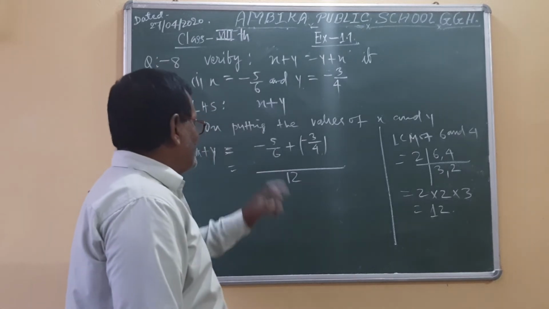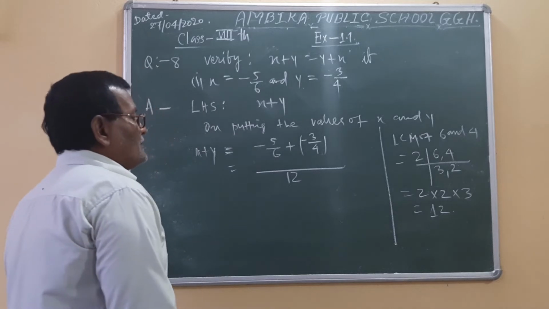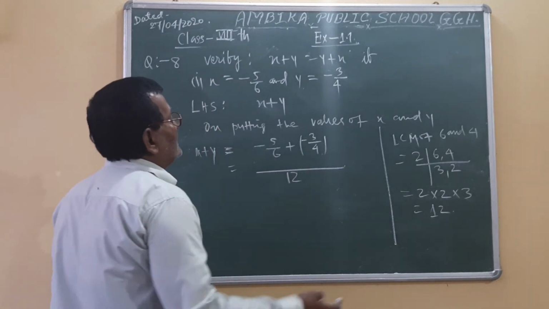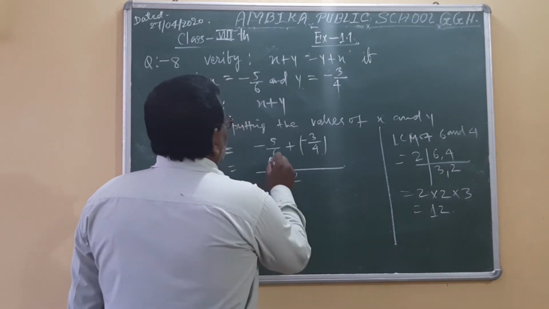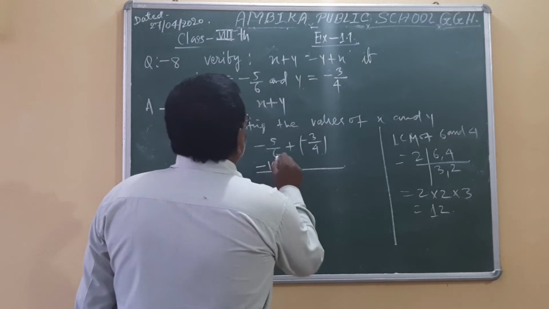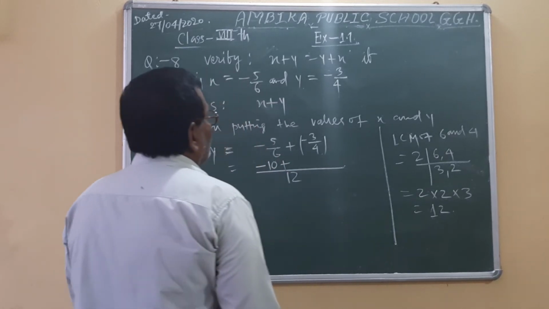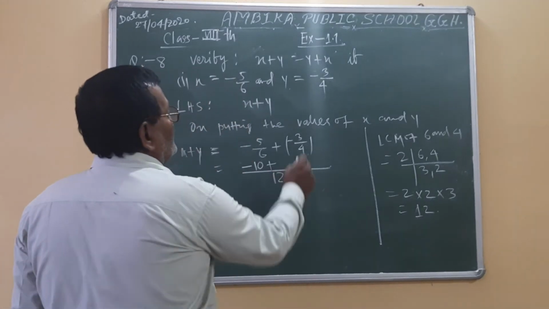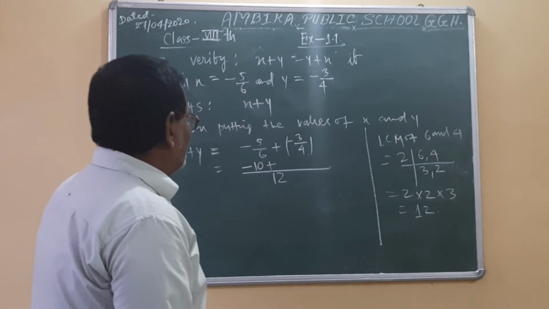Dividing 12 by 6, we get 2 as quotient. So multiply minus 5 to 2, we get minus 10. Again, dividing 12 by 4, we get 3 as quotient.